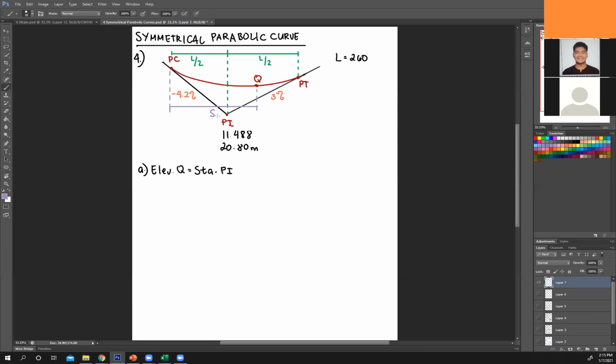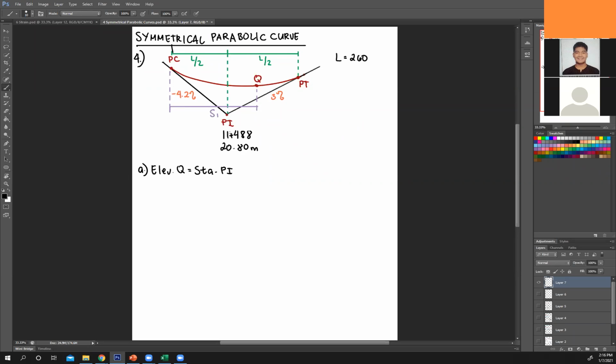So S1. Looking now at this figure, going from station PI, right here, if I add L over 2, I get this full length. And if I subtract, sorry, again, if I have PI, this is the location of that.